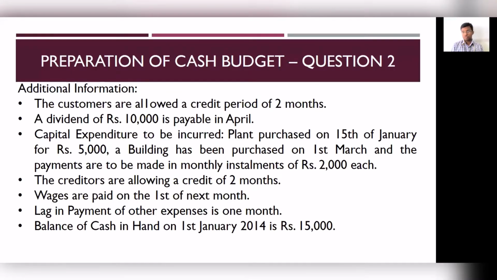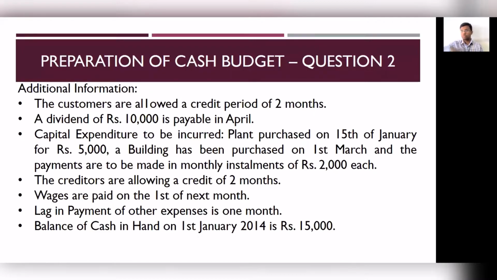There's also a building purchased in March, where 2,000 rupees has to be paid each month. So these both would amount to additional expenditures. Creditors are allowed a credit of 2 months. This corresponds to purchases.